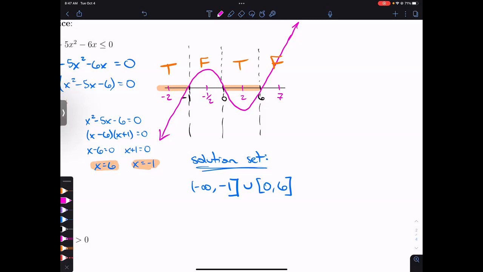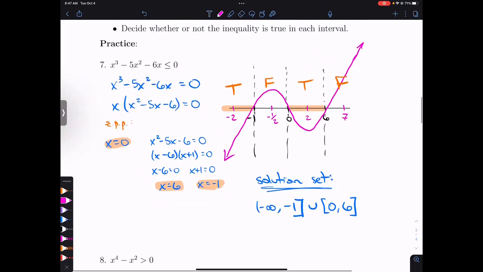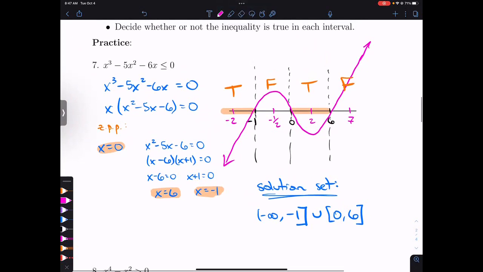Okay, so questions about any of that? Do you see that this is not really any different than places that we've talked about inequalities before? The only thing that's different is really this first step where we took out a common factor. So the solving part might be a little bit different, solving the equation, but the big picture, we're doing the same thing.